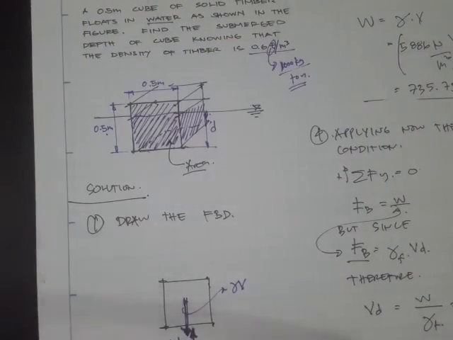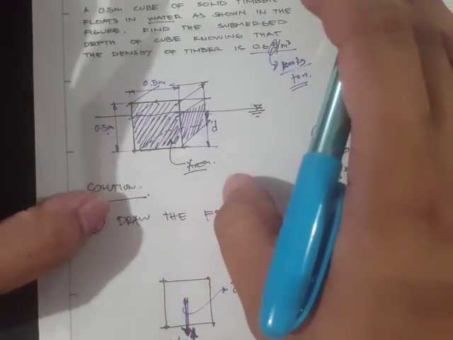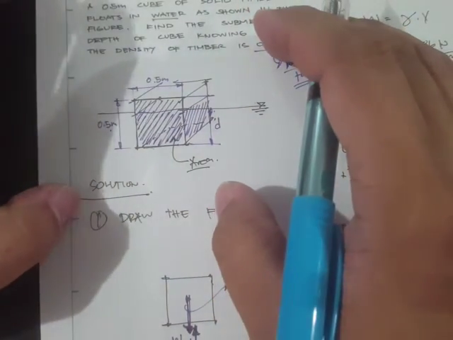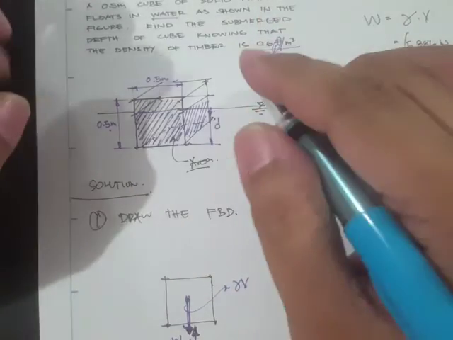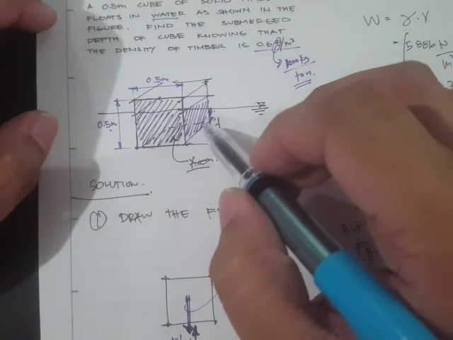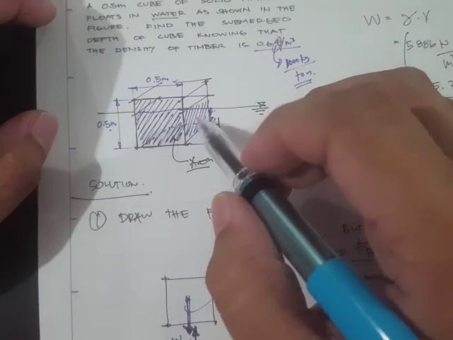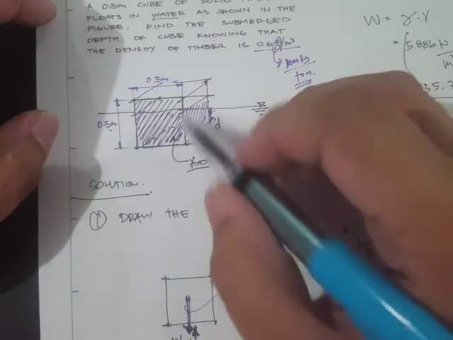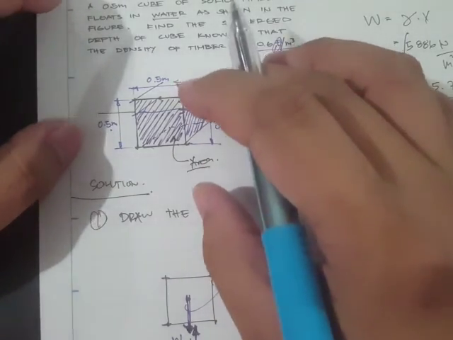Just to do a recap, we have this problem of a floating solid, and we're given the volume as well as the unit weight of this solid.